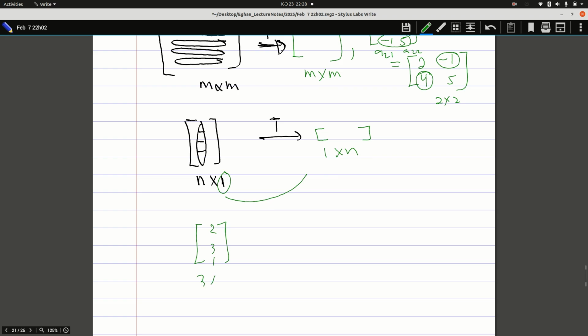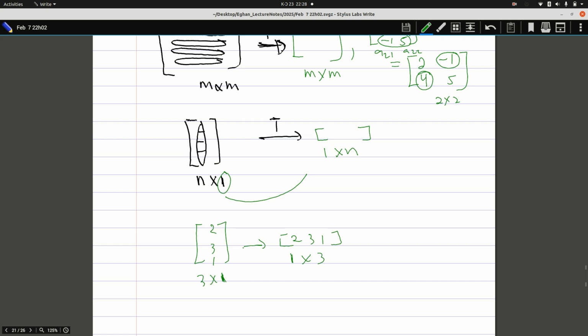The transpose should give me a row, which will be 1 by 3. So 3 by 1 becomes 1 by 3. And so the column turns to a row, 2, 3, 1. Please, I forgot to stress that rows do not take commas. This is not a matrix if there's a comma in it. So take note of the representations as well.